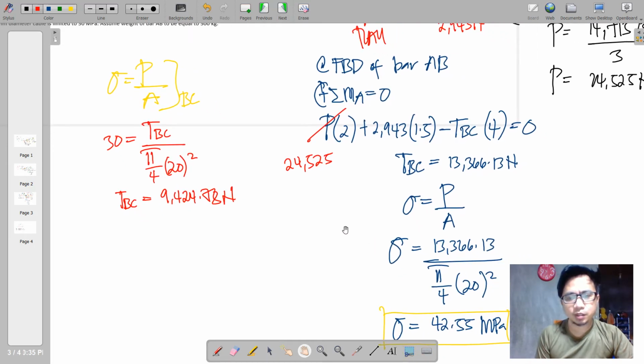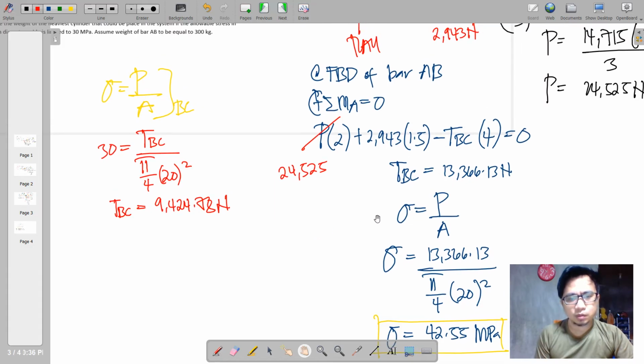So what is the next step? In this case, we combined this BC into the area to come up with the stress in the cable. This time we are going to reverse the procedure, knowing that we have here TBC.